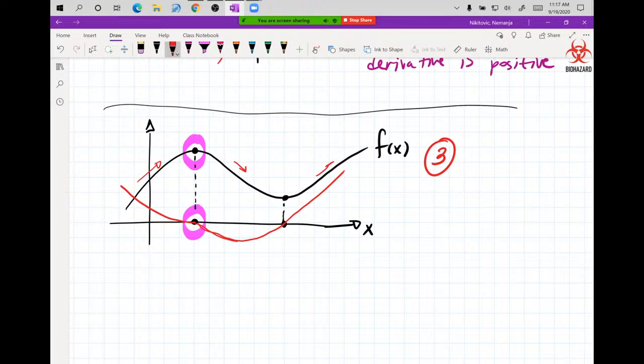So the minimum and maximum values, right, min and max of the original function, min and max of f of x gives zeros of the derivative.